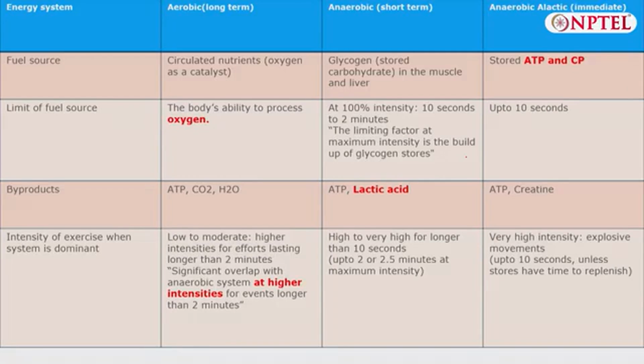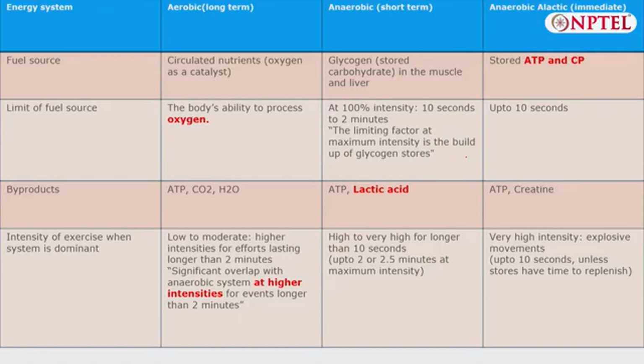Then the body's ability to process oxygen is the aerobic long term. Then byproducts are ATP, CO2 and H2O. Intensity of exercise is low to moderate, higher intensity of effort lasting longer than 2 minutes, with significant overlap with the anaerobic system at higher intensity for events longer than 2 minutes.